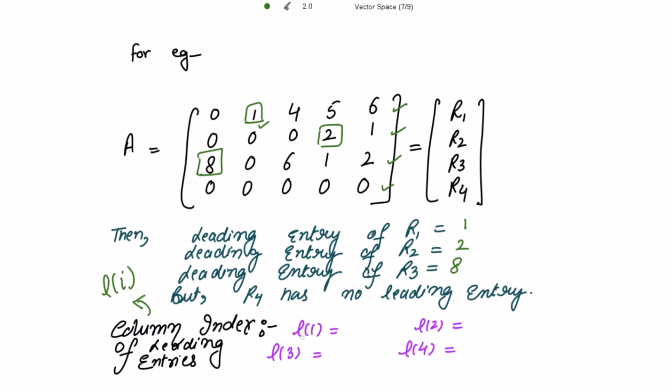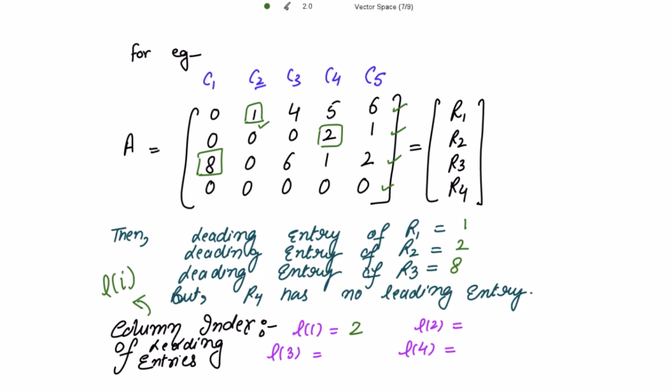At what column is this leading entry present? At the second column. So the value of L1 is 2. Let me write the columns over here. This is C1, this is C2, this is the third column, fourth column, fifth column. Because the leading entry in the R1 row is at the second column, L1 is 2.